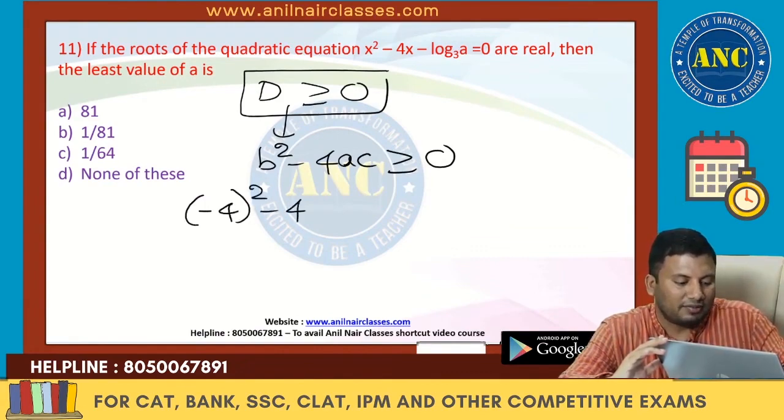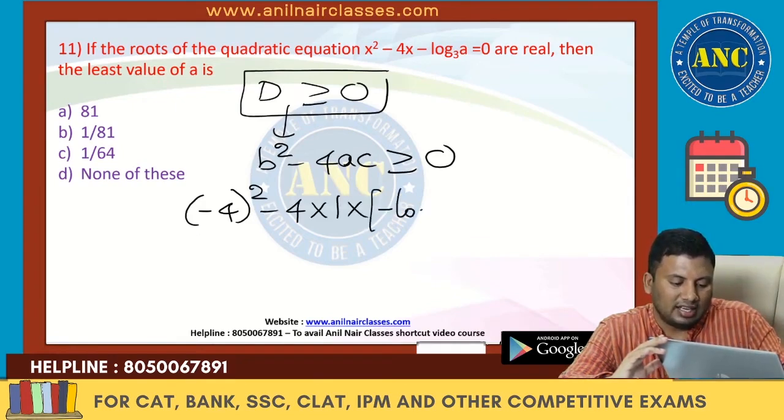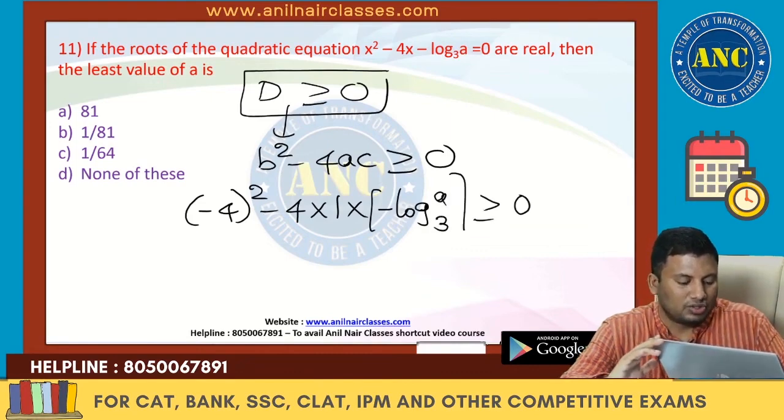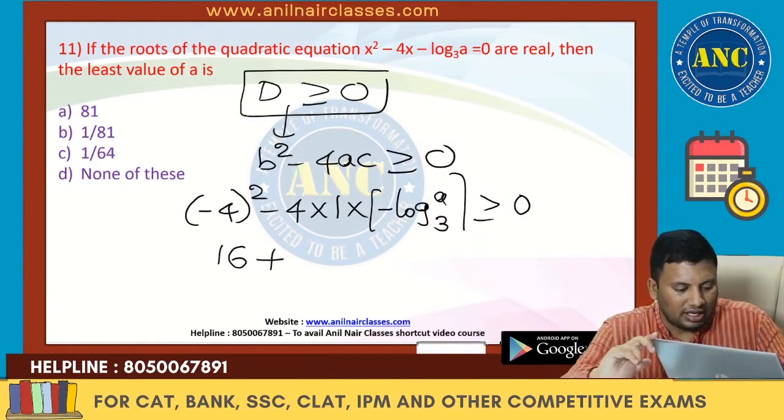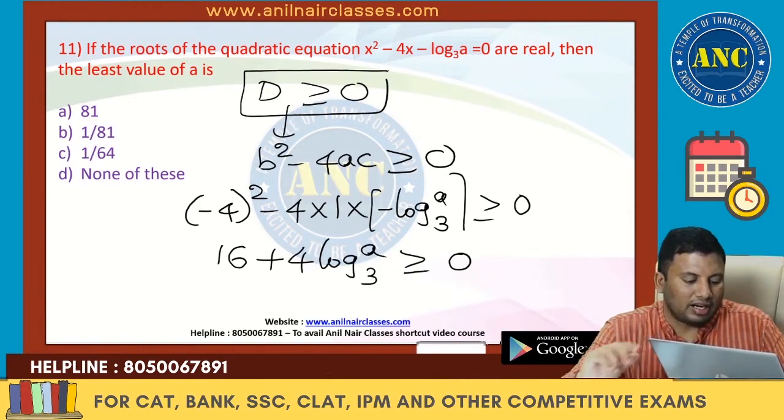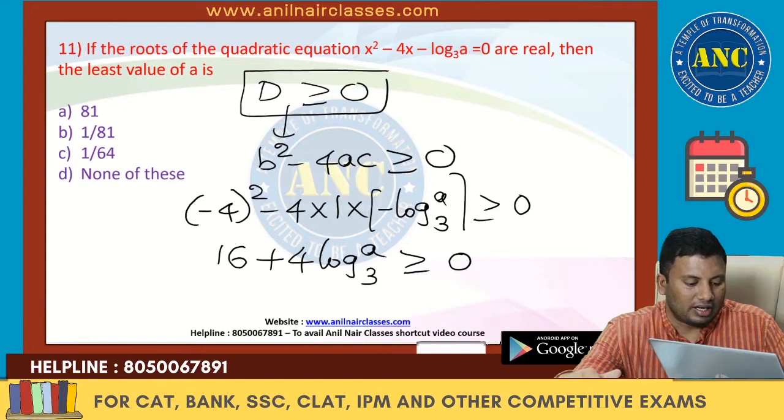So minus 4 square minus 4 into ac, which is minus log a cube, greater than or equivalent to 0. So it is nothing but 16 plus 4 into log a base 3 greater than or equivalent to 0.